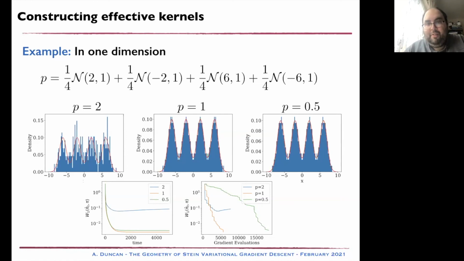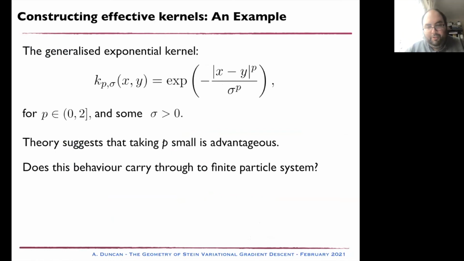And then the analysis that we did doesn't take into account the stiffness of the ODE and the discretization error. However, nonetheless, if you make a good choice of p here, for example, p equals 1, you see very superior behavior compared to when p is 2, which is the standard Gaussian kernel, which people tend to use in the literature for this type of algorithm.